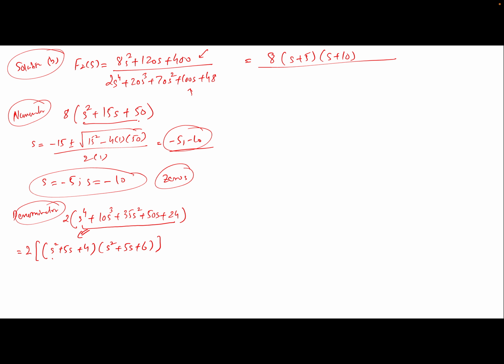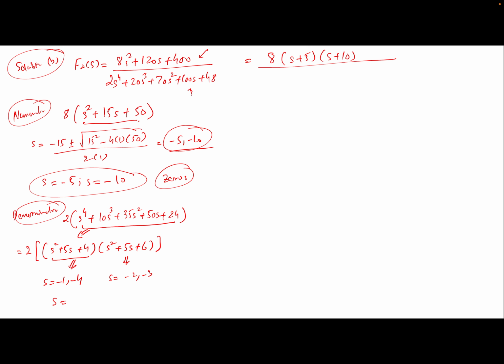Now the roots of s squared plus 5s plus 4 are s equals minus 1 and minus 4, and the roots of the other are s equals minus 2 and minus 3, right?